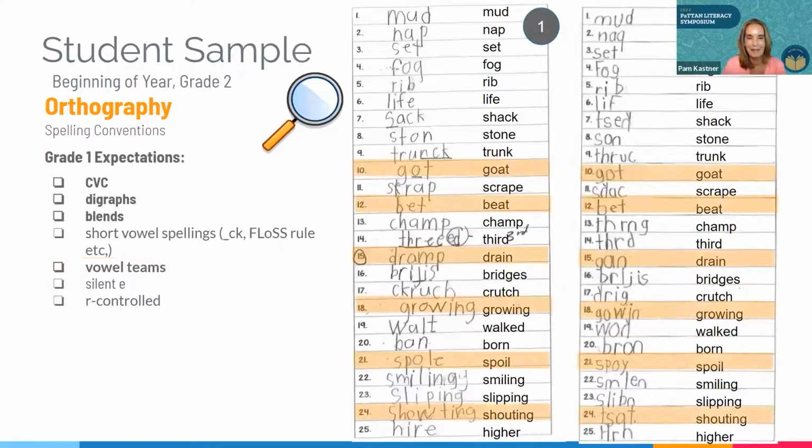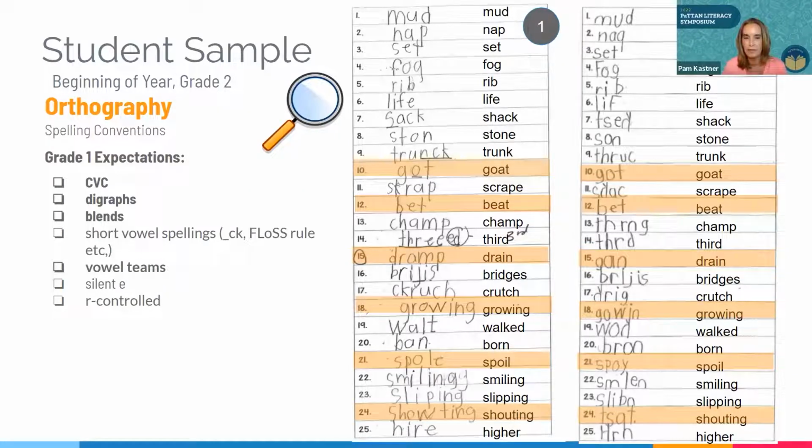Thank you. So we're looking again, as we said, the spelling inventory goes from least complex to most complex. We're looking now through the lens of vowel teams and orthography. So as you look at these two spelling samples, we did see quite a difference between student 1 and student 2 with phonology. But I think if you look at these samples in terms of orthography, we're seeing a bit more likeness to the students.